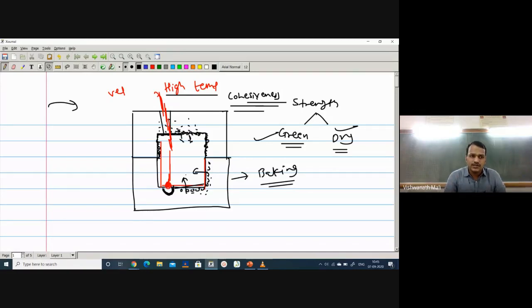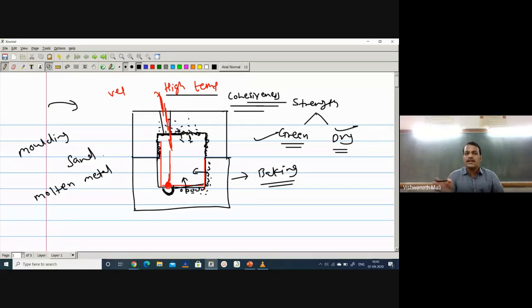Whatever the molding sand is, and we have the molten metal. Once we pour the molten metal, your molding sand should withstand that high temperature. Should withstand that high temperature means what?